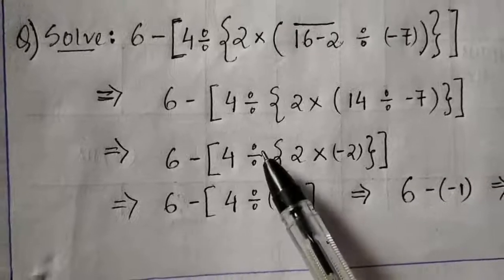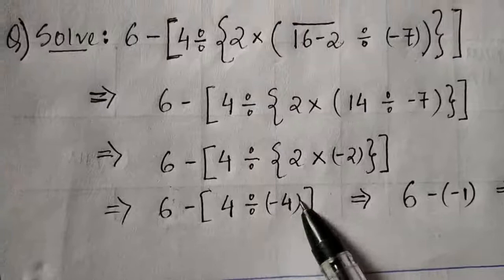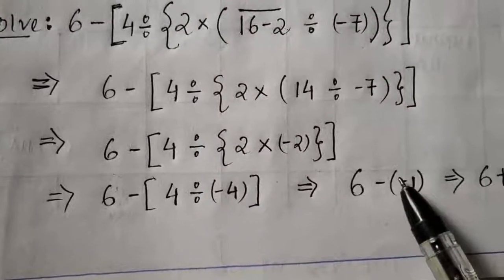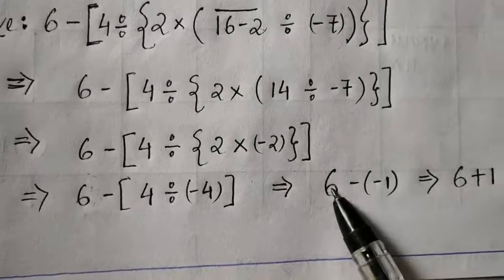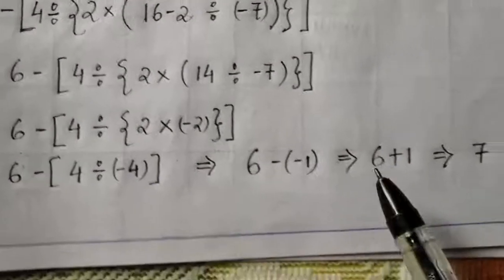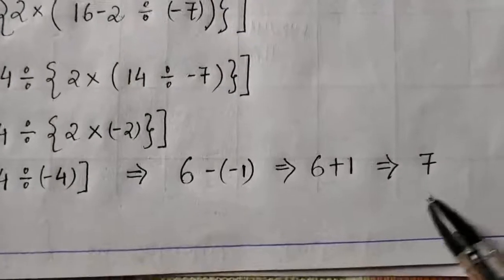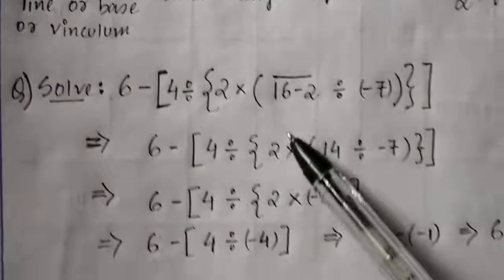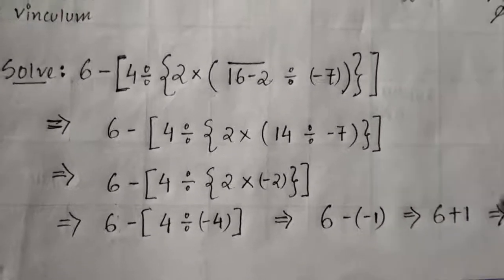After that we have this division, so 4 divided by minus 4 gives you minus 1, and outside the minus is there, so minus 6 as it is. Then minus and minus will be plus, then 6 plus 1, we get 7 as the answer. In this way we solve any expression using the BODMAS rule.